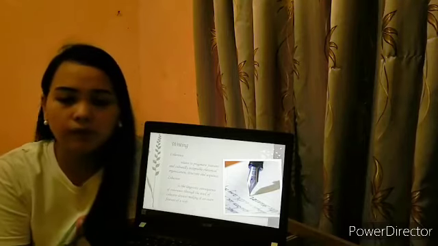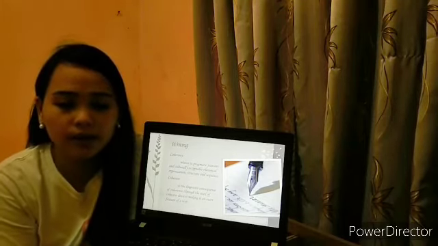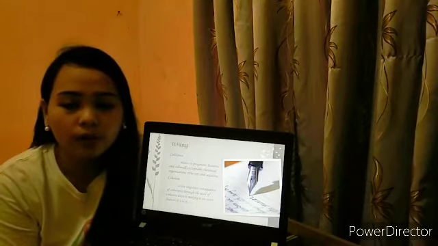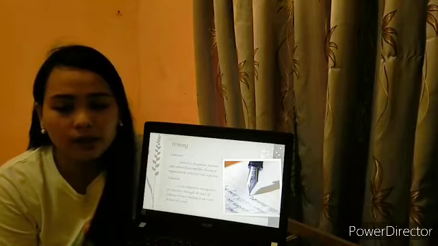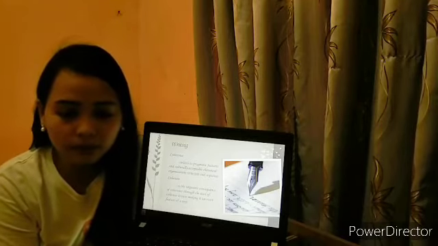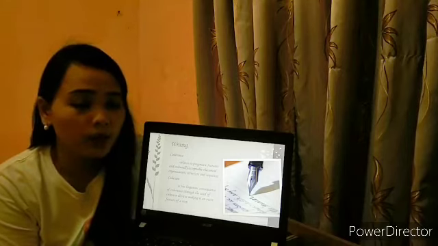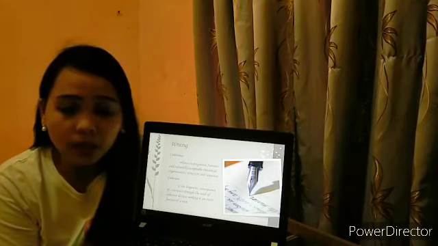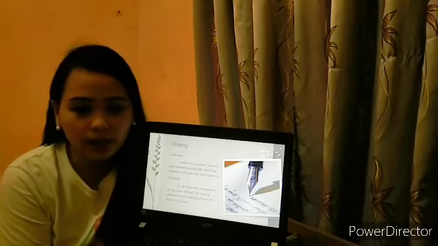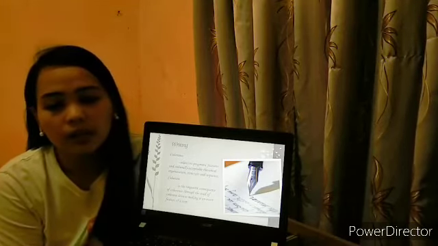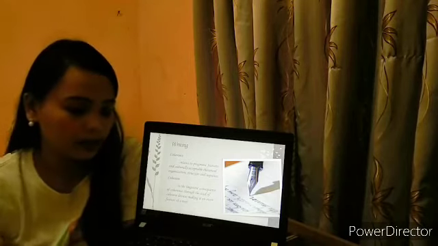So the difference between coherence and cohesion is that coherence is the connection of ideas at the idea level, and it refers to the rhetorical aspects, while cohesion, the connection of ideas, is at the sentence level, and it refers to the grammatical aspects.